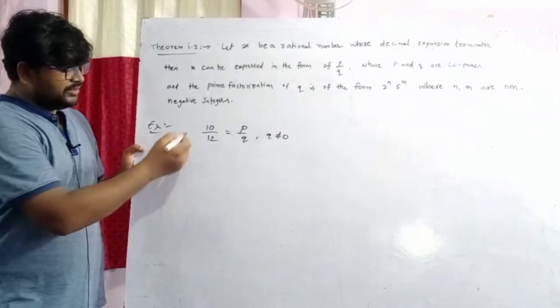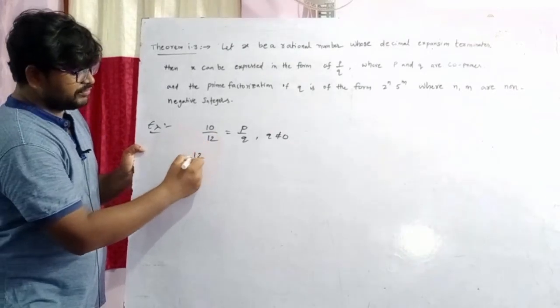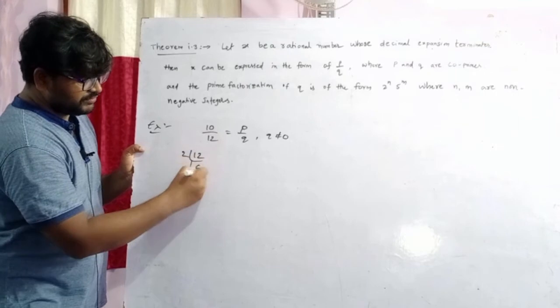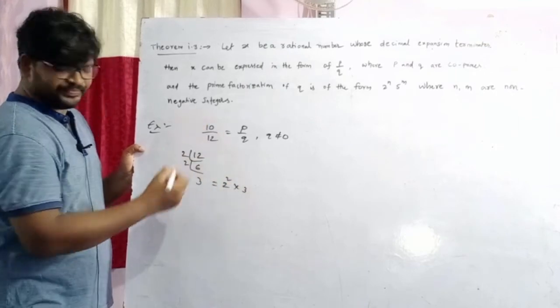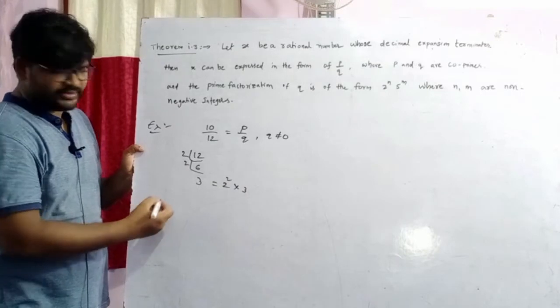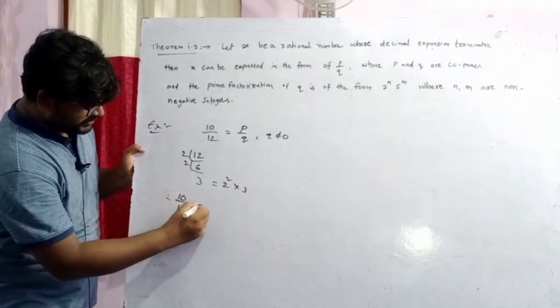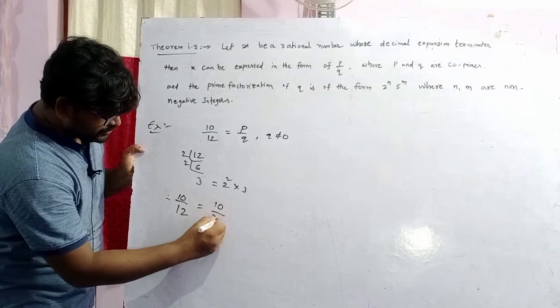Prime factorization of 12: 2 sixes are 12 and 2 threes are 6, so 12 equals 2 square into 3. Therefore 10 by 12 equals 10 by 2 square into 3.